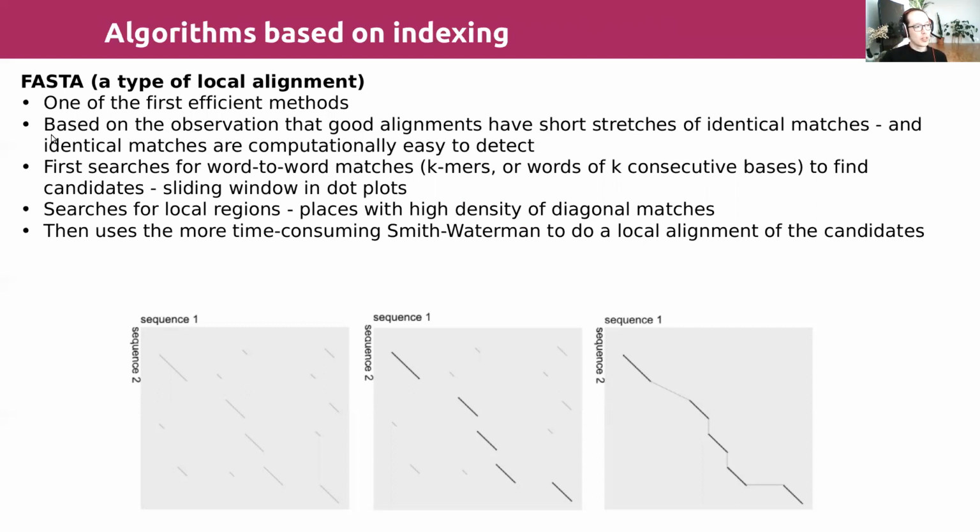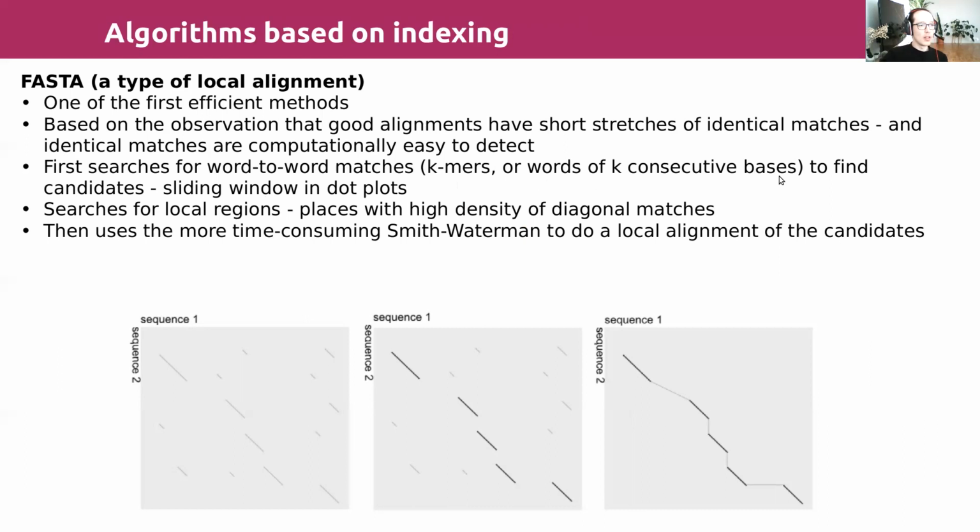And the first searches are for word-to-word matches in this algorithm. So you have something called a k-mer, which is just like a word, basically, of k consecutive bases. So for instance, you could have a 3-mer, and this would be a 3-letter word, right, where k equals 3.